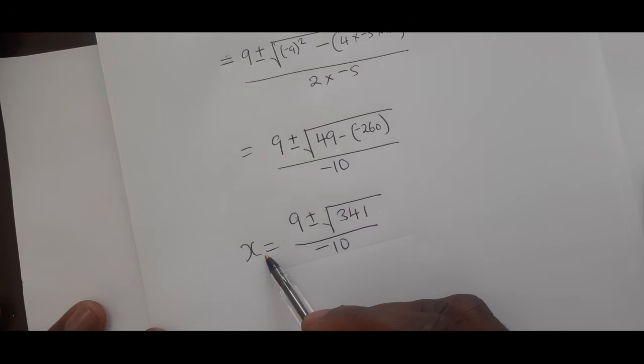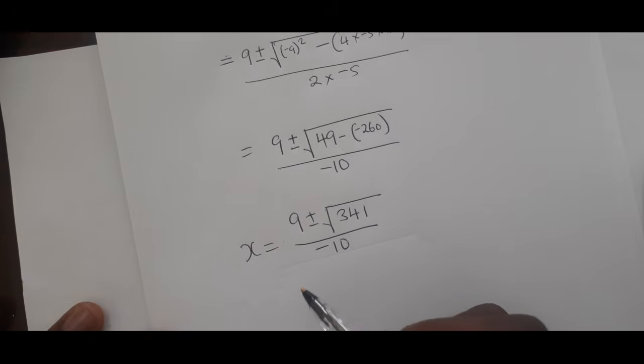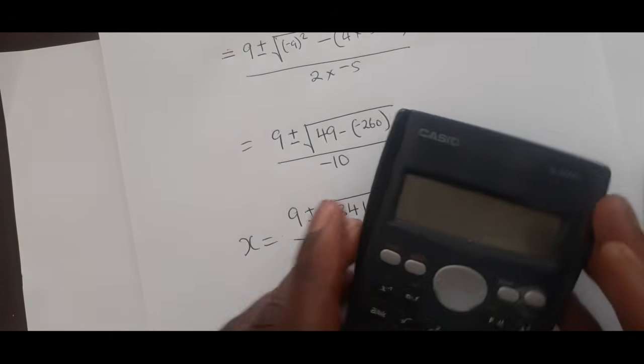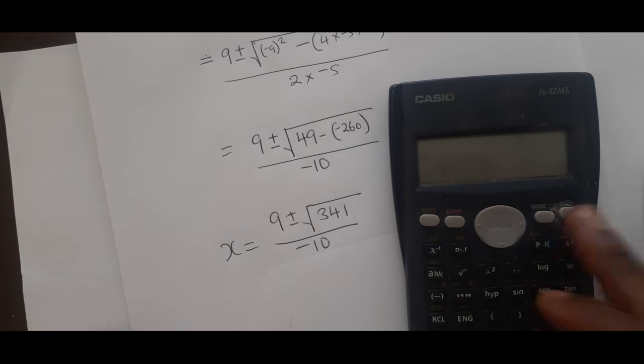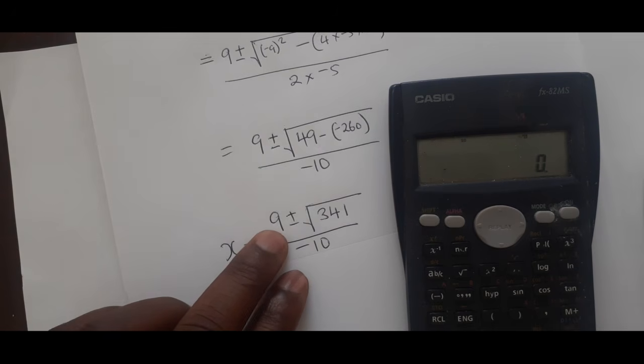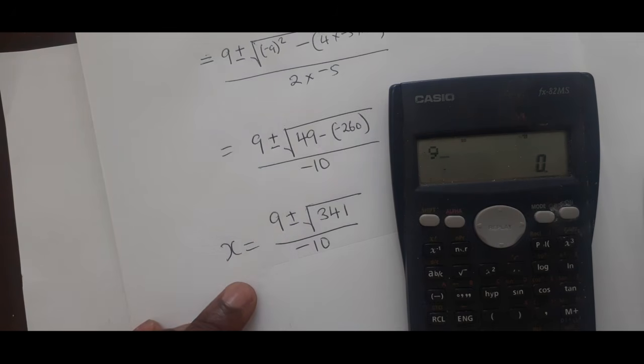So x is going to give us two values. The first one is 9 plus the square root of 341 equals. Have you seen what we're getting?